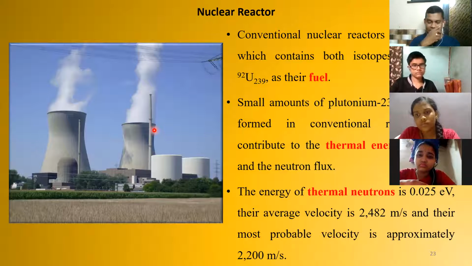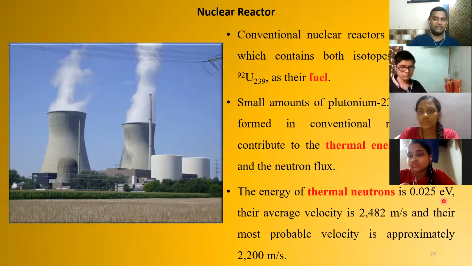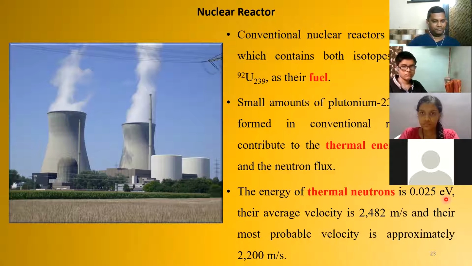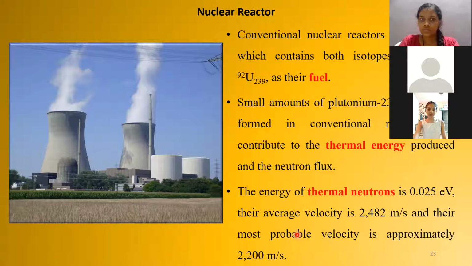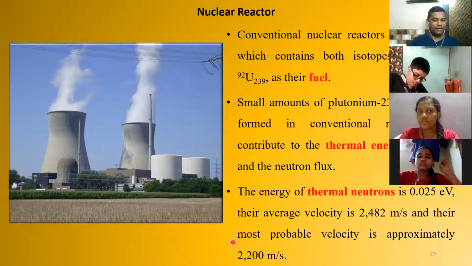The natural source or fuel used here is uranium-235, along with a small amount of plutonium-239 added. Both together are used in a nuclear reactor. Neutrons are bombarded at it. Each neutron has an energy of around 0.025 electron volt, and the velocity at which the neutrons are bombarded is approximately 2200 meter per second. At this rate, the neutrons are bombarded on the uranium, and a very high energy is given out.